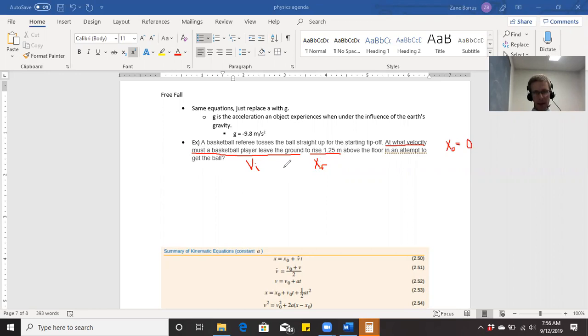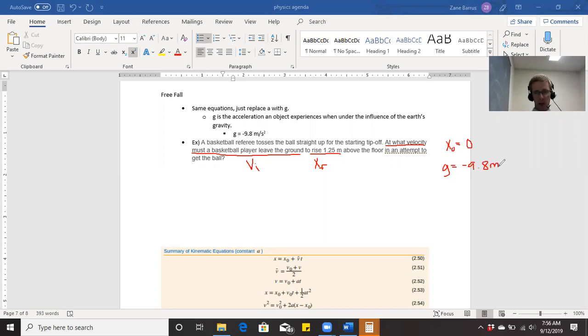And because when this person is jumping up in the air, the only acceleration that they're experiencing is the acceleration due to gravity, we can assume that g, or a, if you're using the equations down below, is equal to negative 9.8 meters per second squared.